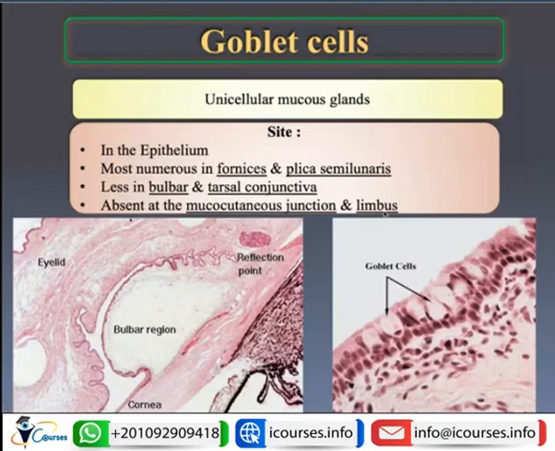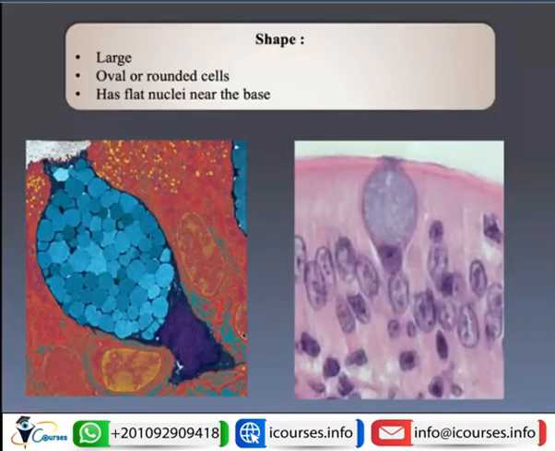This is very important, again, to stress on, to know where the goblet cells are the most present. It is most abundant in the fornix and the plica. They are absent in the limbus and the mucocutaneous junction, and they are less numerous in the bulbar and tarsal conjunctiva.